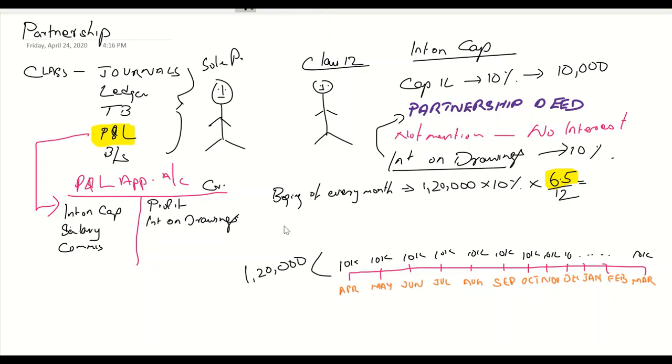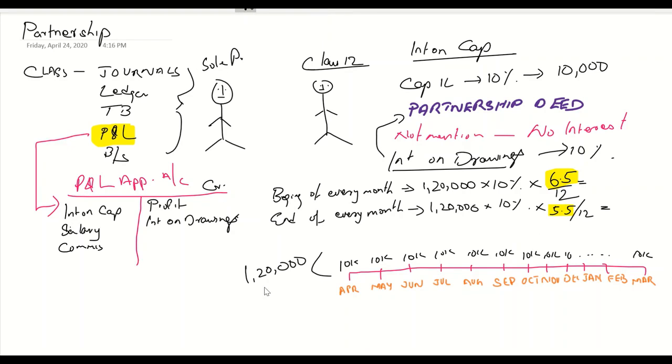Now, if it is withdrawn at the end of every month, it will be 1,20,000 again into 10% into the end of the month, which is 5.5 months. Interest will be calculated for 5.5 months.